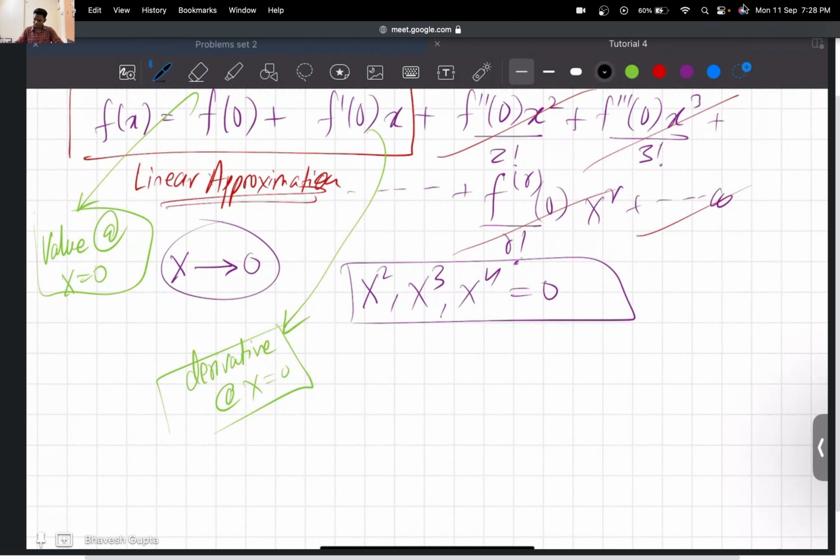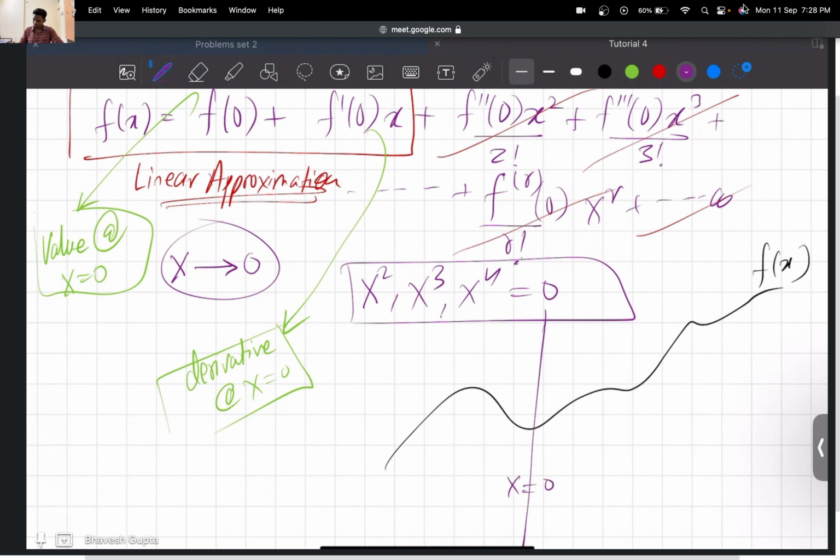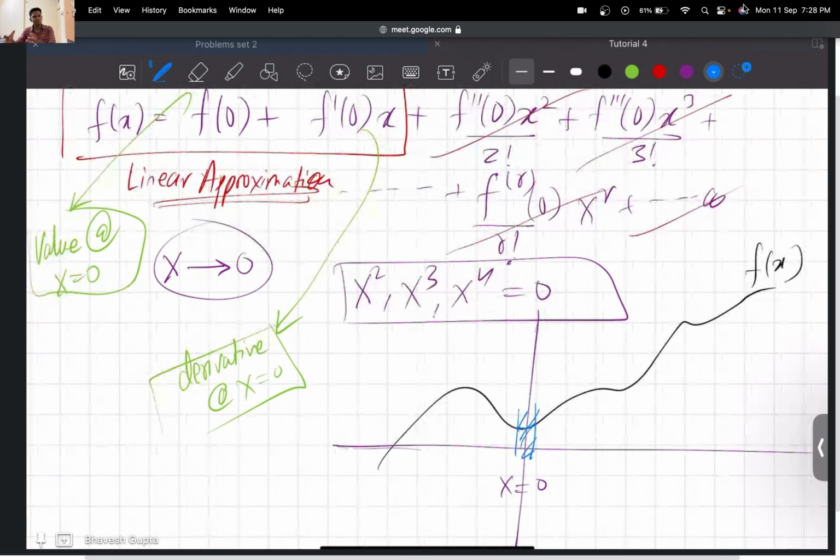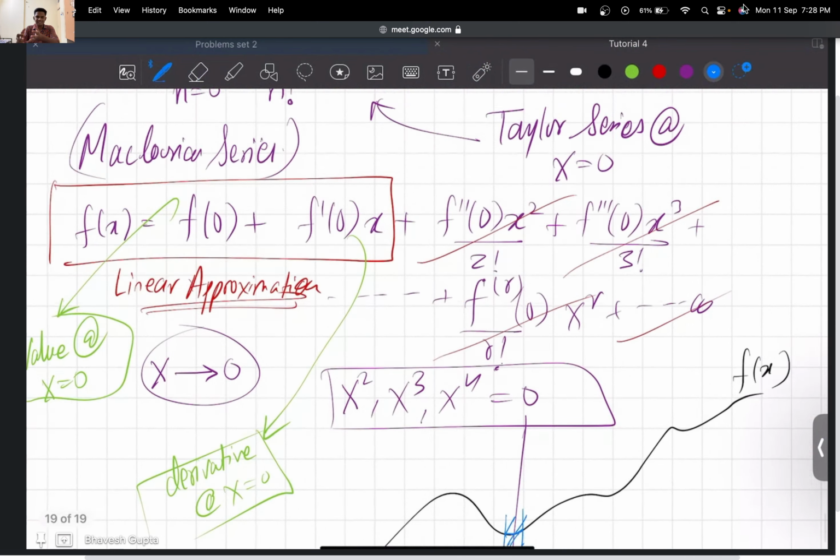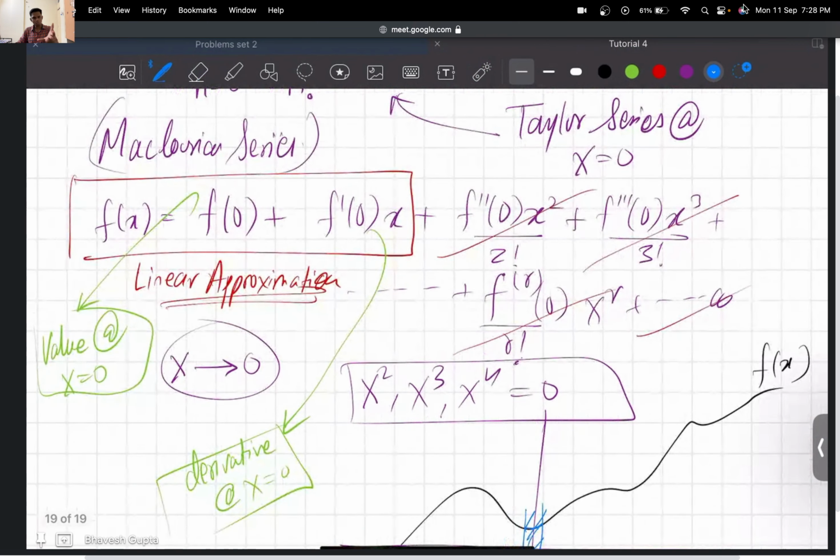Let's say you have a function like this, some random function, and let's say this was my x equal to 0. You're restricting yourself just till here, very close to x equal to 0. In this small window, you can always approximate any function as a linear approximation, and for that this is enough.